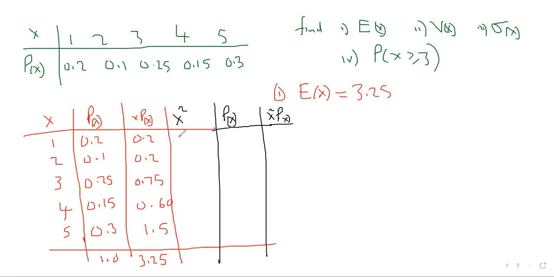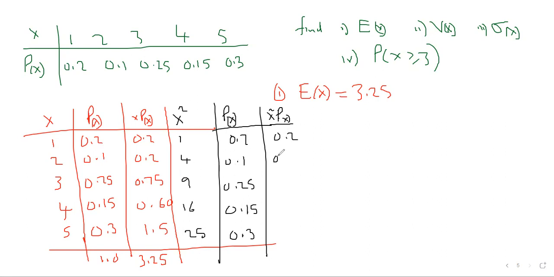So 1 squared is 1, 4, 9, 16, and 25. And the probabilities again: 0.2, 0.1, 0.25, 0.15, and 0.3.